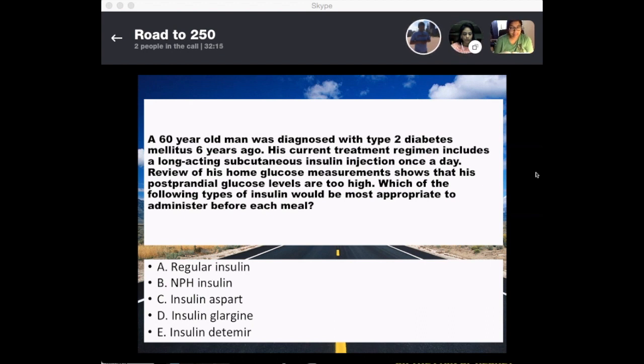So A or C. It would be C, insulin aspart, which is rapid, so it's more indicated for postprandial glucose control. That would be his short-acting, and he will still continue his long-acting subcutaneous insulin.